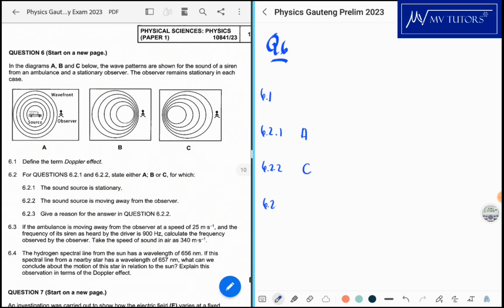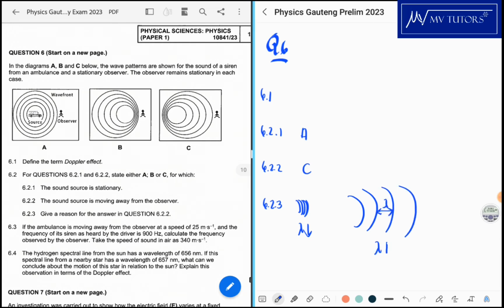Now 6.2.3 says, give a reason for the answer in 6.2.2. So why are we saying that the sound source is moving away from the observer? Well, the wavelengths have increased. For B, the wavelengths were quite small, but in picture C, we can see this being the wavelength.